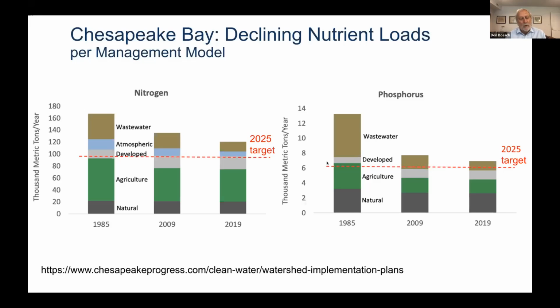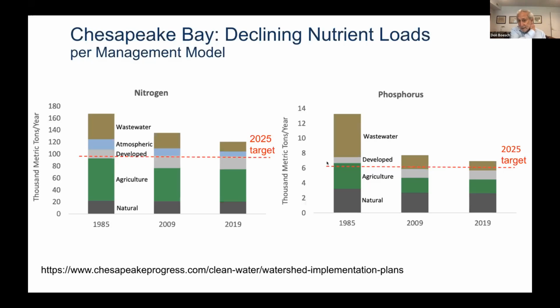But if you look at where we are now, you can quickly come to the understanding that we have to get the rest of the goal reductions largely from agriculture. And it's problematic in terms of the recent pace of load reductions from agriculture, say from 2009 to 2019, if we're able to do that at the present rates of progress.